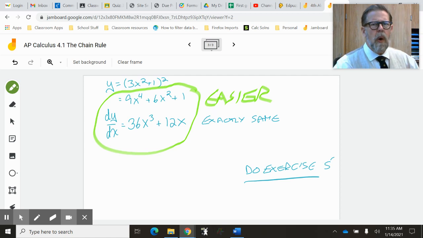But that's not always going to be true. I started with one that you could do both ways so that we could see how it worked, because there's a lot that we just can't do another way. If every function's derivative could be taken without using a chain rule, then why bother having a chain rule?